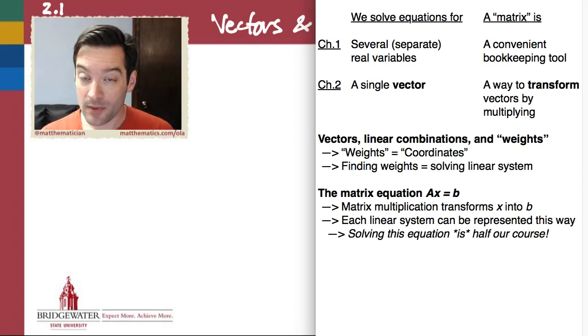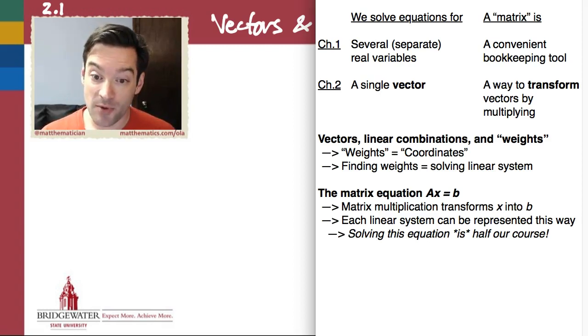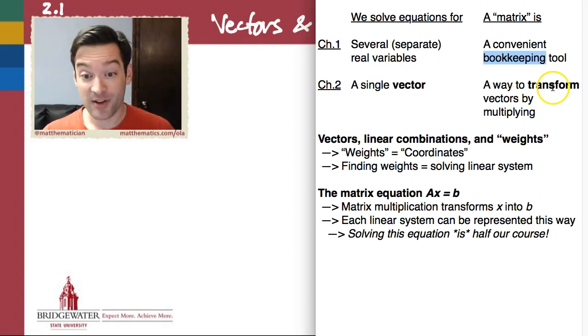Not only that, we want to move from our understanding in chapter 1 that a matrix was really just a convenient tool. The augmented matrix was a tool for us to keep track of the coefficients in our linear system without having the variables and the other notation crowding them out. So far, a matrix has only been about bookkeeping for us, and we want to make it more sophisticated than that.